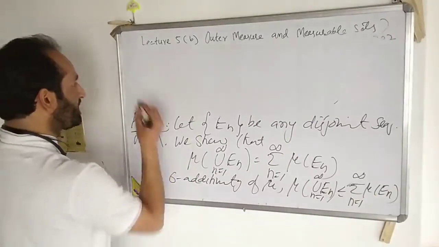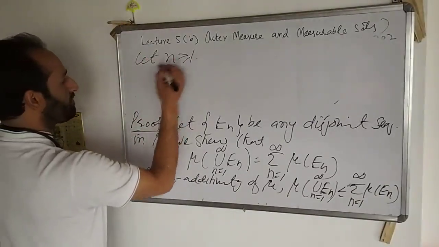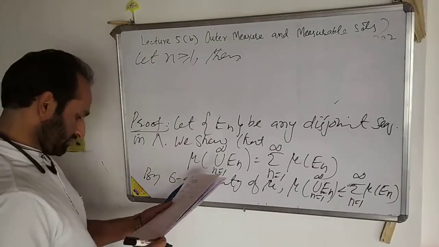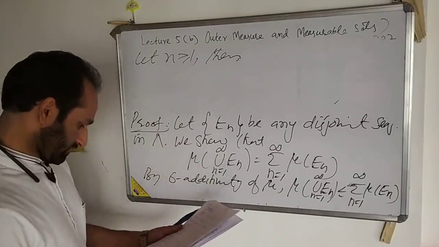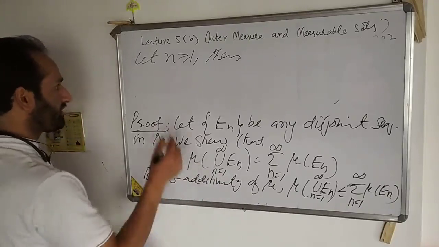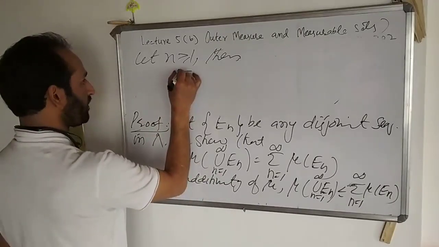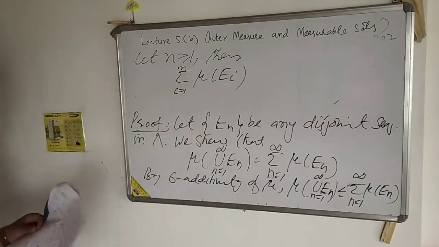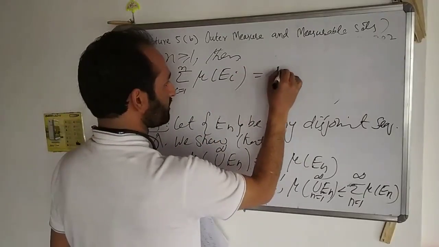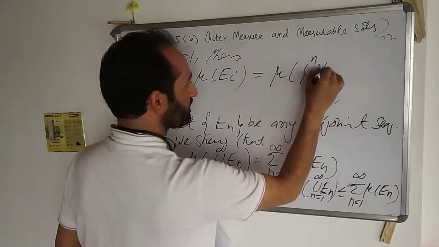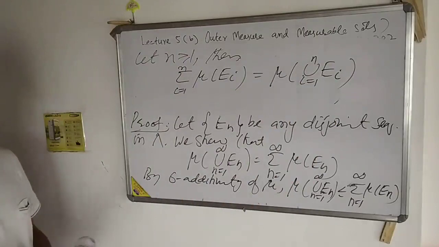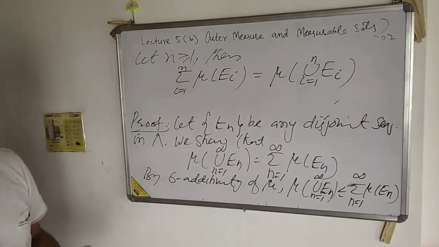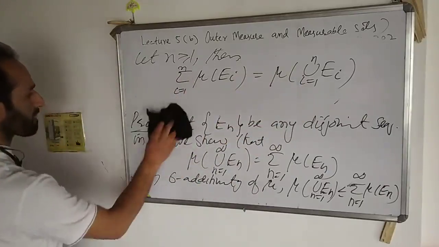To prove the reverse inequality, let n be any natural number. Then we have proved that the summation, i runs from 1 to n, of mu of Ei is the same as mu of the union, i runs from 1 to n, of Ei, because for an outer measure, mu of a finite disjoint union is equal to the summation, i runs from 1 to n, of mu of Ei.